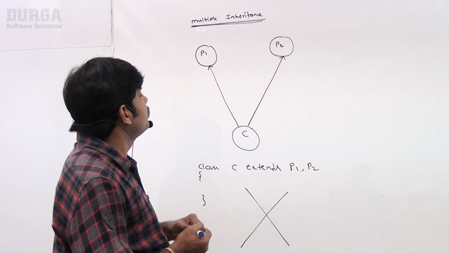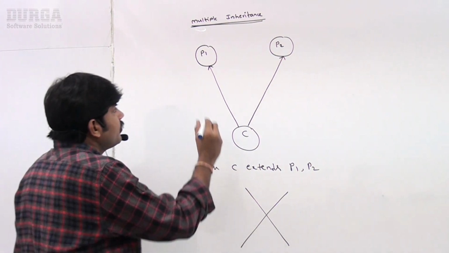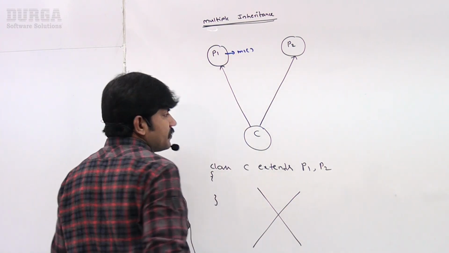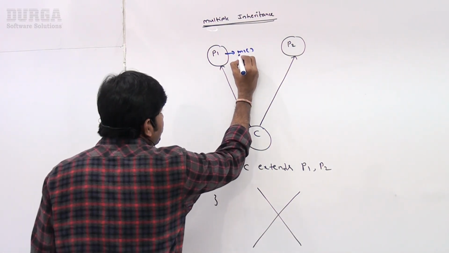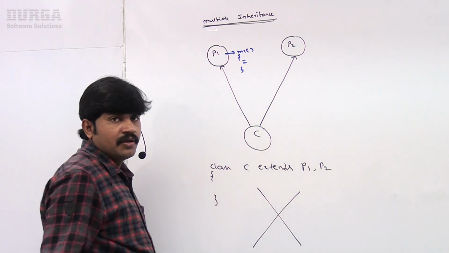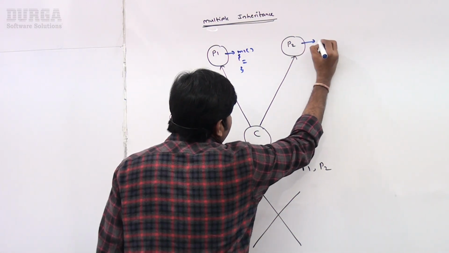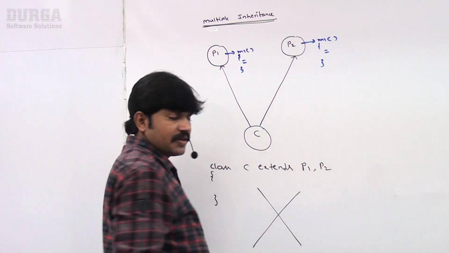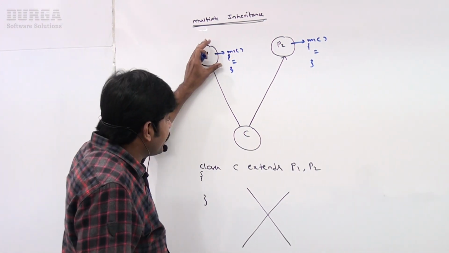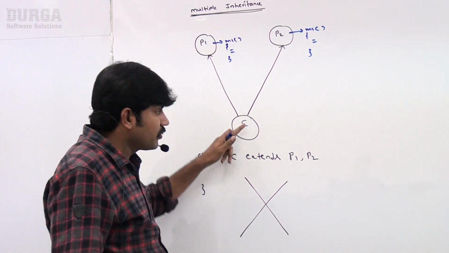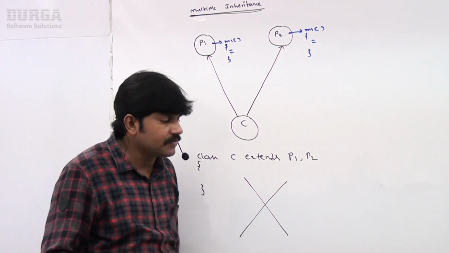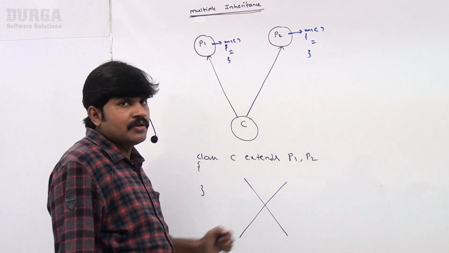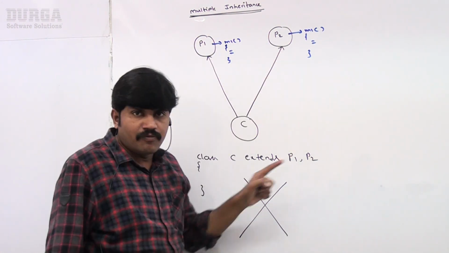Very simple, sir. Suppose assume this parent class contains an M1 method. This P2 also contains an M1 method. Sir, whatever the parent has is by default available to the child through the inheritance concept. Now, from P1, one M1 is coming, and from P2, one M1 is coming.